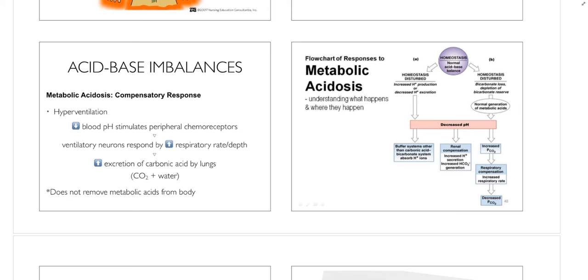We are removing the respiratory acids just to try to get the body overall to be in a normal range. This is a Band-Aid. It is not meant to be a fix for what's going on, just to get things to the point of being acceptable. And according to this, there are other buffer systems. I'm not aware of what they are, but there are other buffer systems as well for metabolic acidosis that can play a part in maintaining pH.